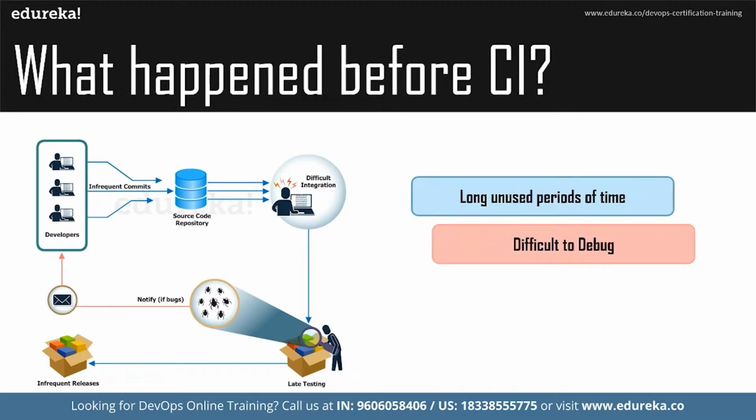Most of you might already know that it is actually very frustrating for a developer, because he has written code for an application which was built successfully, but in testing there were certain bugs, so he has to check the entire source code in order to remove that bug, which takes a lot of time. So basically, locating and fixing of bugs is a very time consuming task if we take this traditional approach.